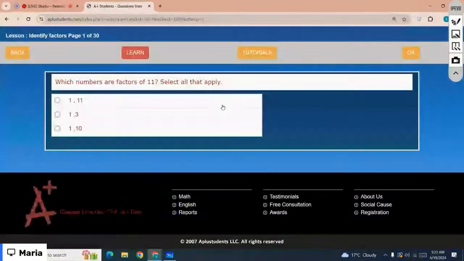Which numbers are the factor of 11? Which is the correct option? That is 1 and 11.